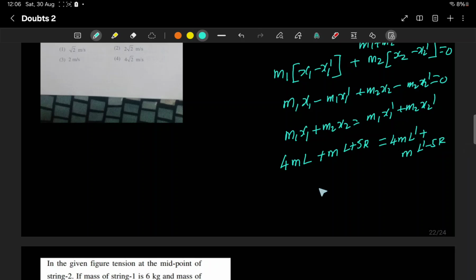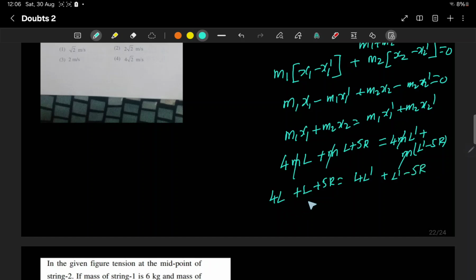Now if we solve this, what will we get? This is in multiplication, so m goes from everywhere. I'll get 4L plus L plus 5R, which is equal to 4L prime plus L prime minus 5R.